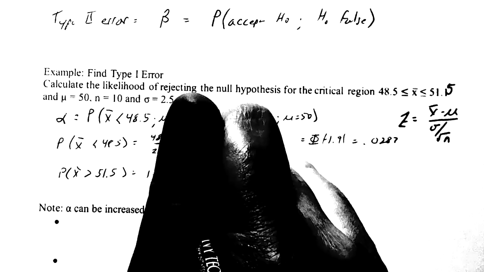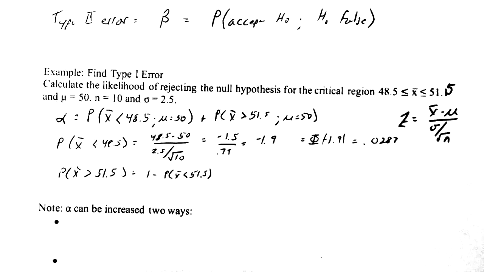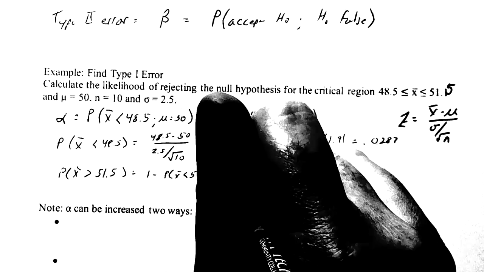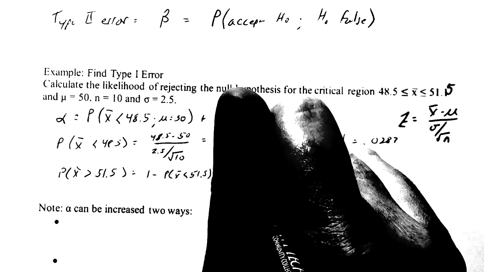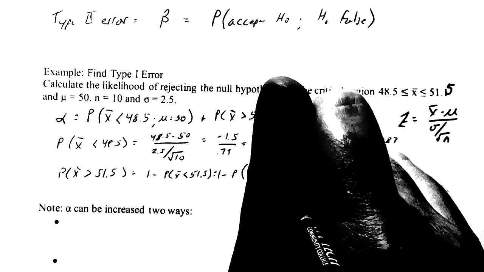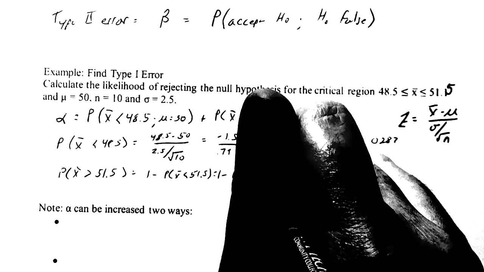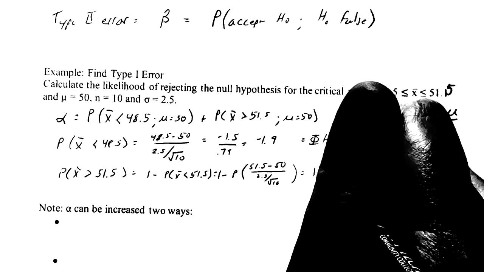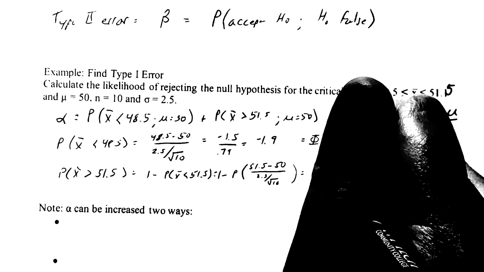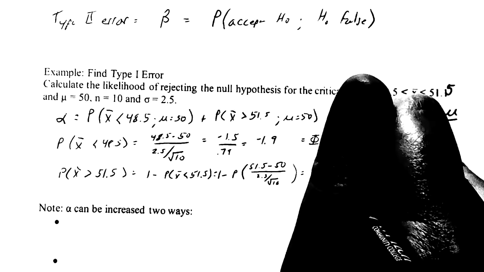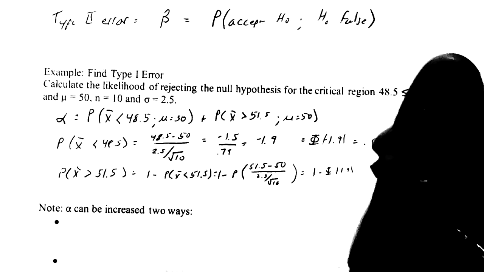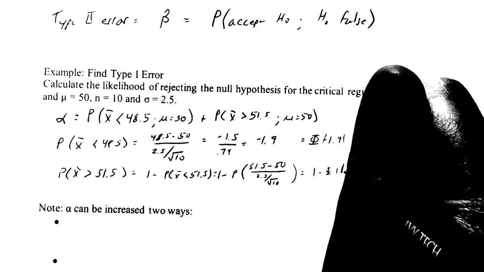Now the probability that X bar is greater than 51.5 is equal to 1 minus the probability that X bar is less than 51.5, because remember, our z-table is always going to the left. So I need to do 1 minus. I'm doing 1 minus the probability that 51.5 minus 50 over 2.5 divided by the square root of 10. And so that equals 1 minus my z-statistic of positive 1.9.